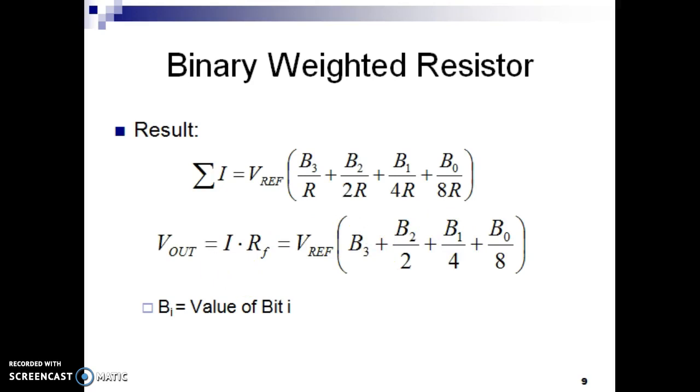One of the major difficulties with the binary weighted resistor method is that we require highly precise resistors. And if the number of bits increases, the weighted resistor values increase further.